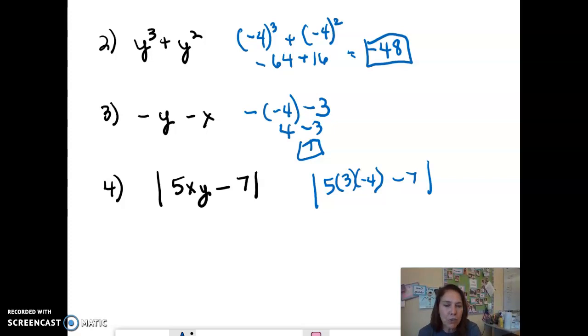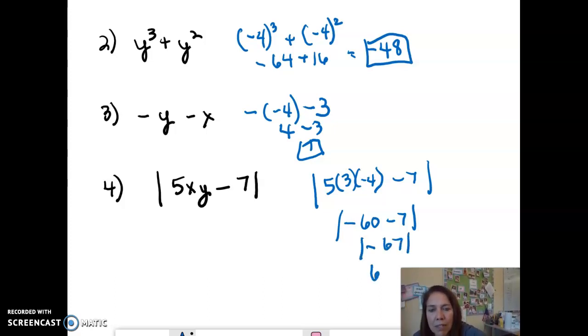Order of operations says 5 times 3 times -4 is -60 minus 7. Absolute value is still there, and I'm still doing my arithmetic inside. -60 minus 7 is -67. After I take the absolute value of that, I get a positive 67.